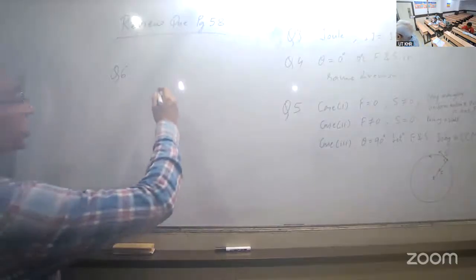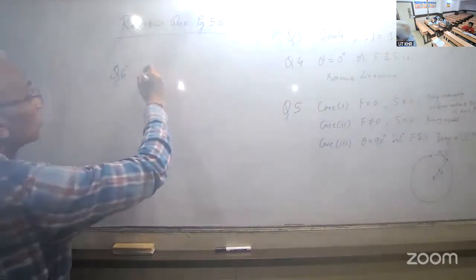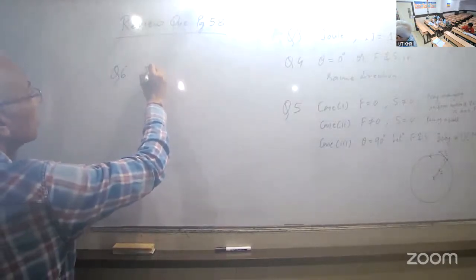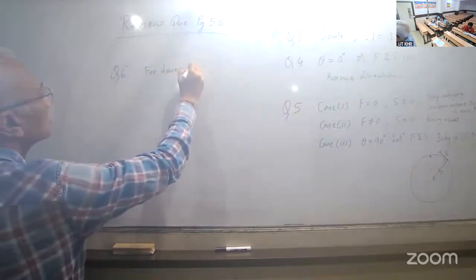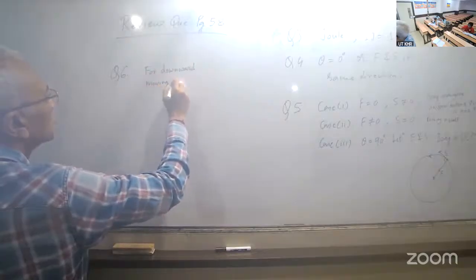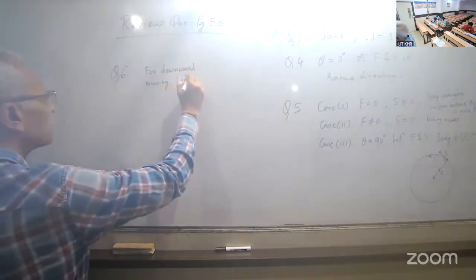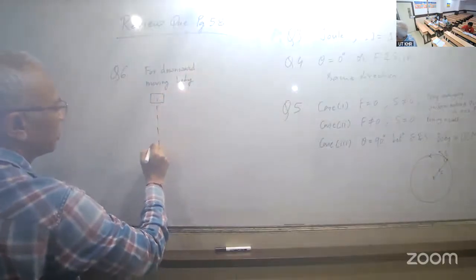So for gravity, two motions are possible, downward or upward. Consider the body fell from height h.